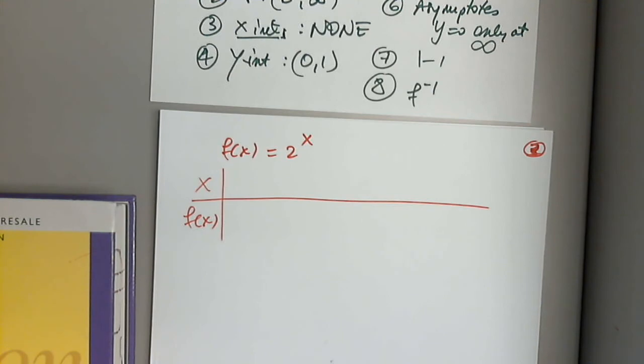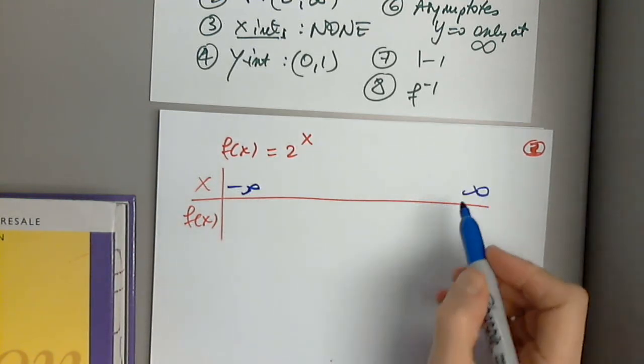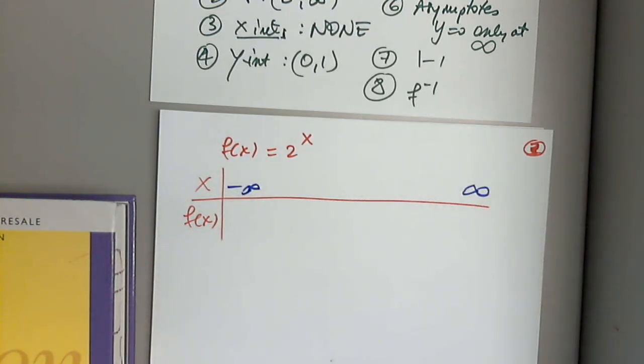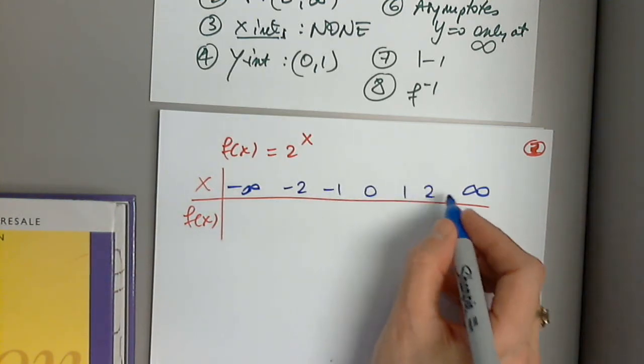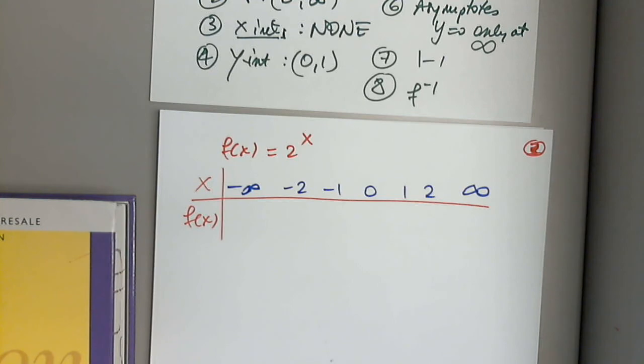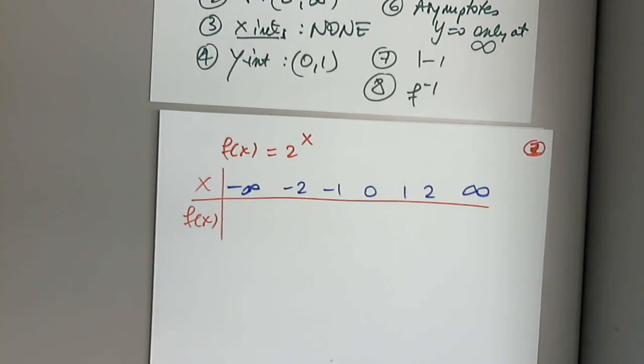Can anyone give us the domain of this exponential function? No matter what the base is, the exponential function is always friendly. I'm going to use the same numbers from before, -2, -1, 0, 1, and 2, only because they have nothing to do with the base, only because they are simple numbers to work with.